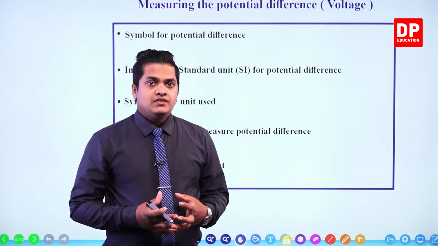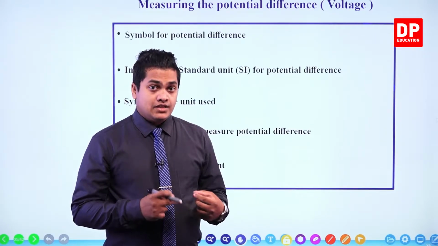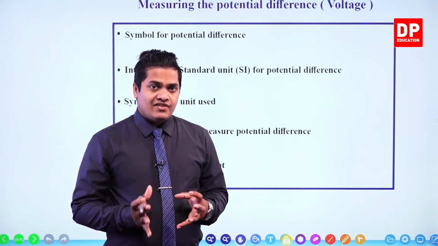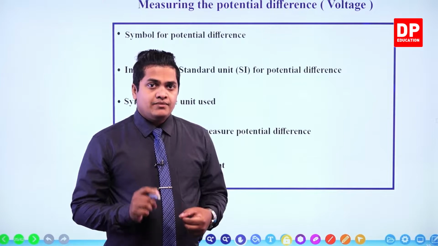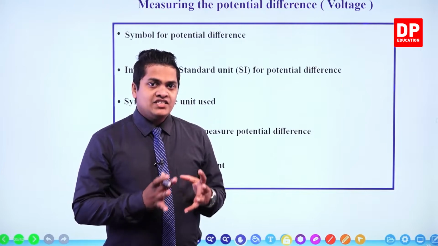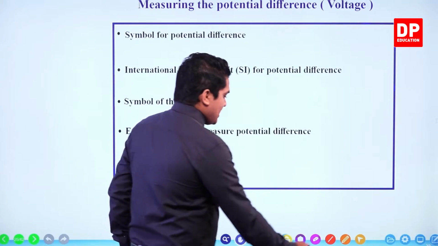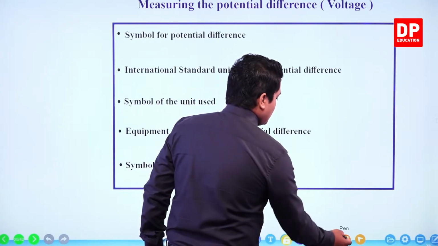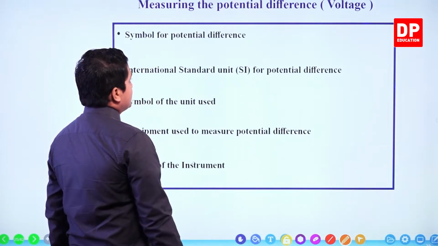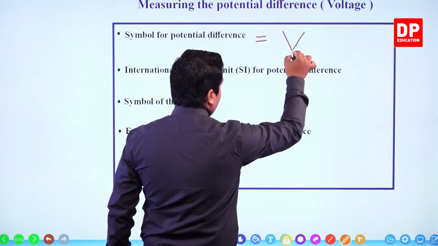This symbol is capital V. In the earlier case also, we studied that in dry cells or in several cells, the voltage is printed using capital V, to reflect the voltage amount of it. So we use the capital V letter to represent the voltage. So the symbol for the potential difference is capital V.